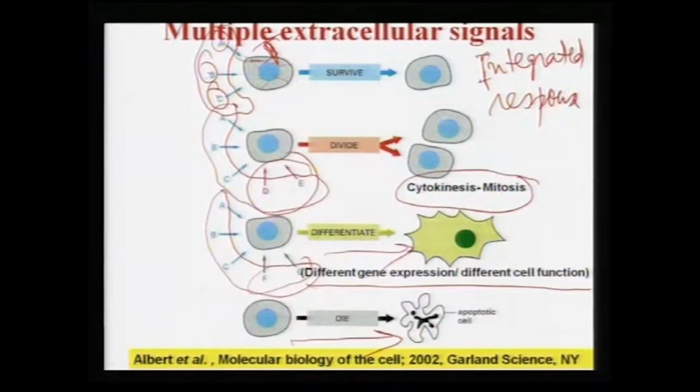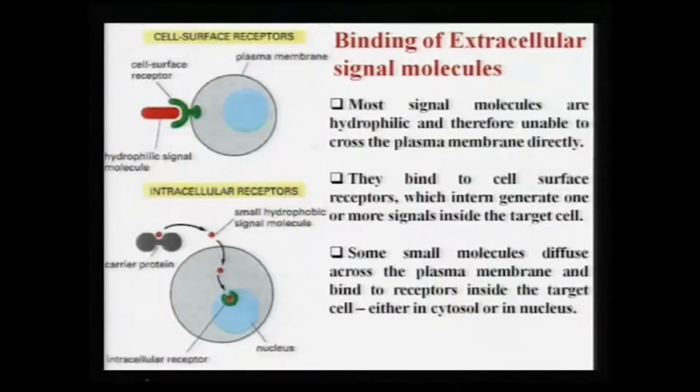A will transduce some signaling pathways here, B will transduce some signaling pathways here, C will also transduce some signaling pathways here. It may so happen that inside a cell these three pathways ABC will come and integrate together, and therefore your action will be much stronger compared to the action of only one type of signal, that is signal A molecule. Okay. So, this is what the integration of the signal molecules is about.